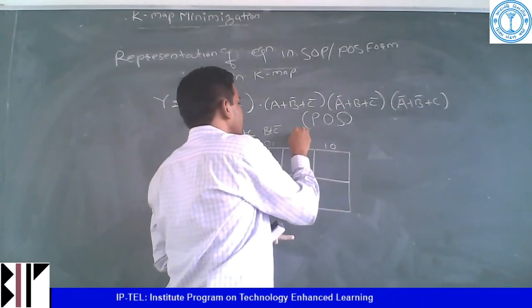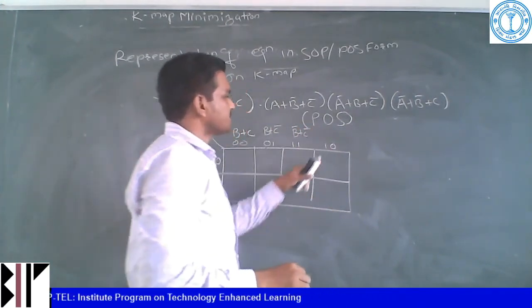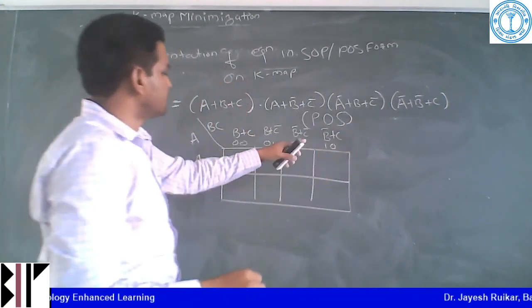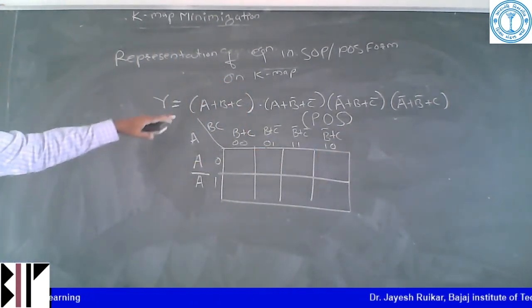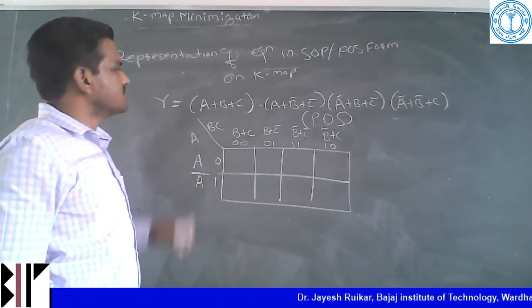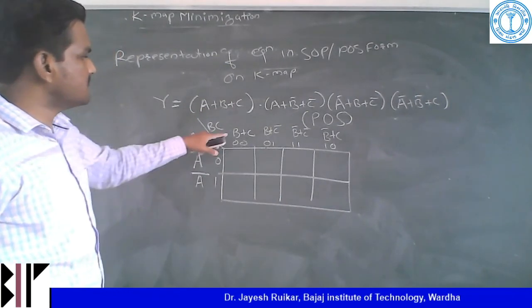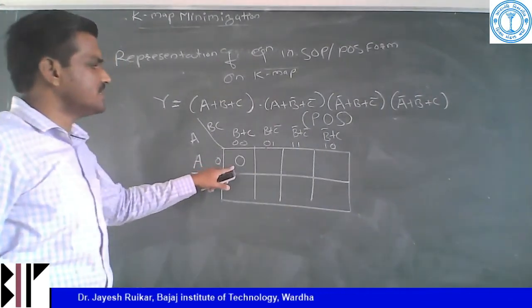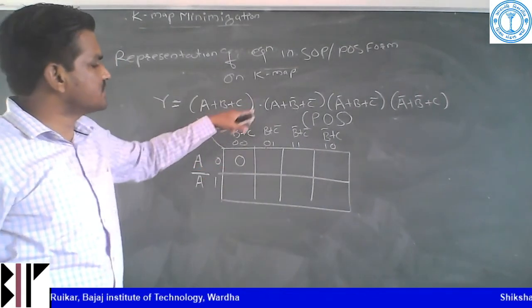This is my B bar plus C bar. This is B bar plus C. Okay. Now A plus B plus C. This is my A. This is B plus C. So I am writing 0 in this cell because this is in max term form.